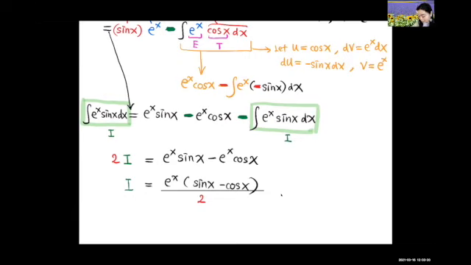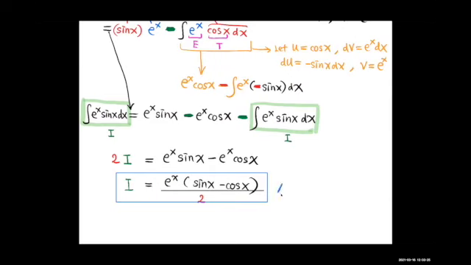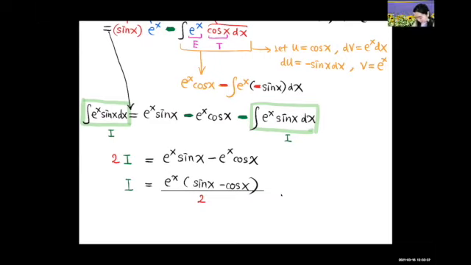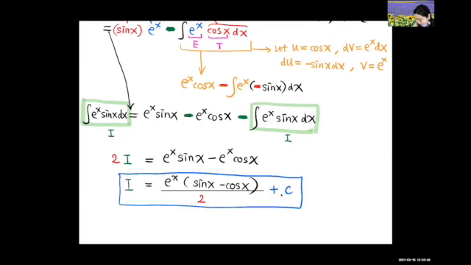So that's the answer over here. Is there any plus C in this one? Oh, you're right. I forgot plus C. Extra credit. Yes, plus a C. Don't forget, this is an indefinite integral, plus C.